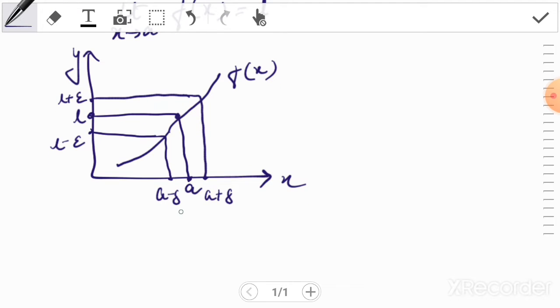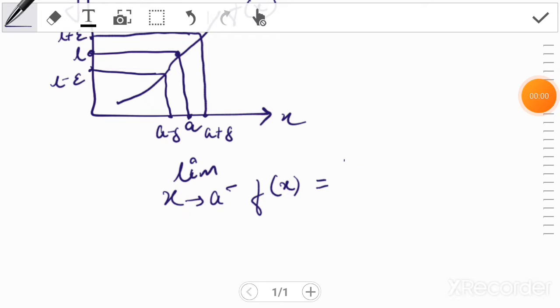So if x approaches a from left, that is from smaller values of x than a, the limit of f is called left hand limit, and is written as limit x tends to a minus f(x) is equal to limit h tends to 0 f(a minus h).